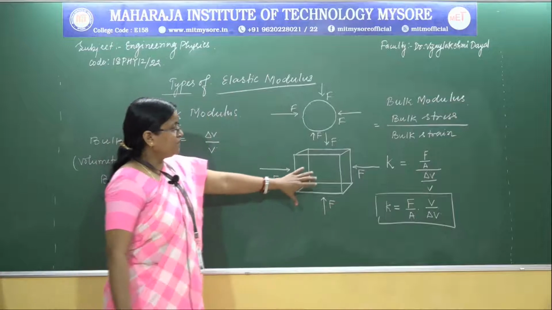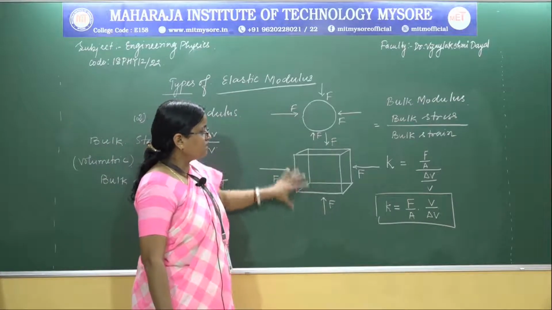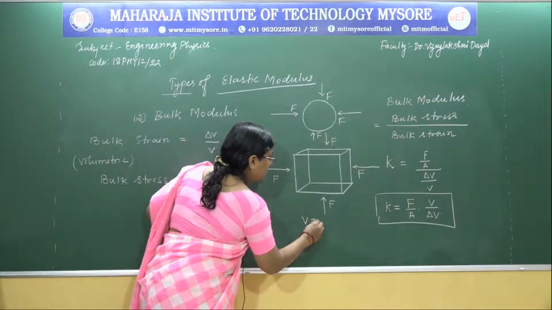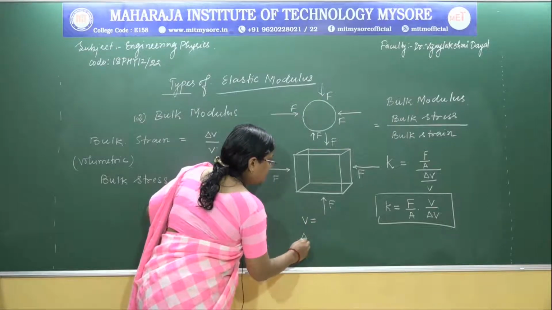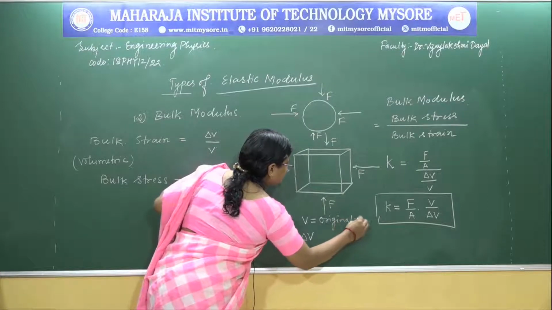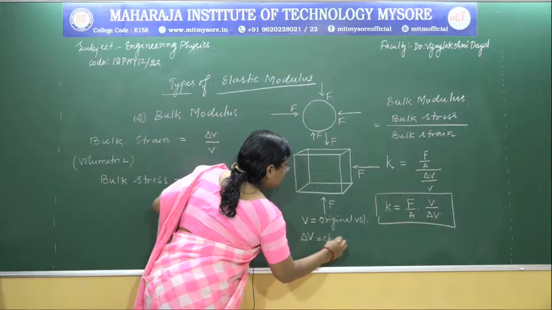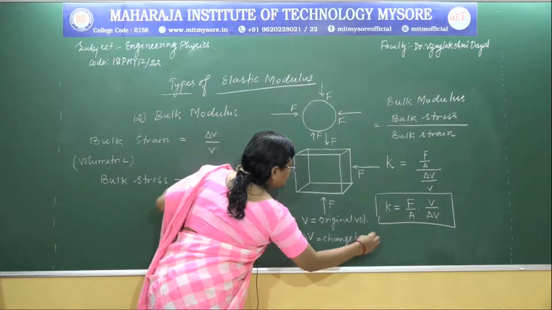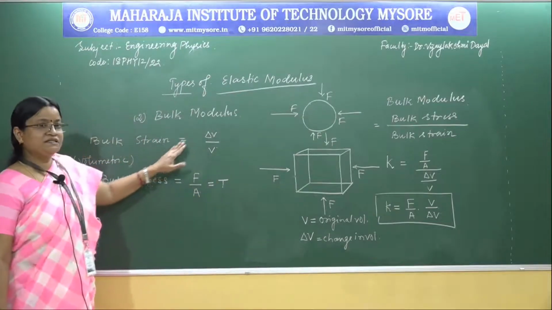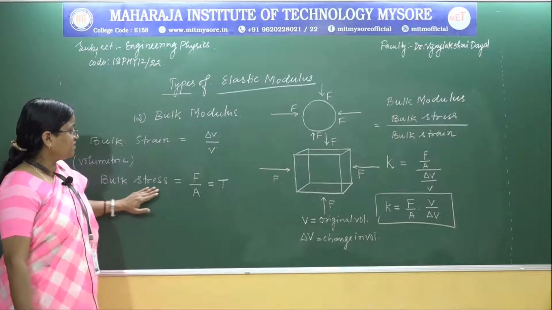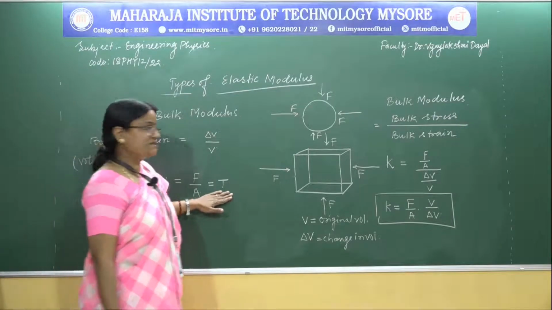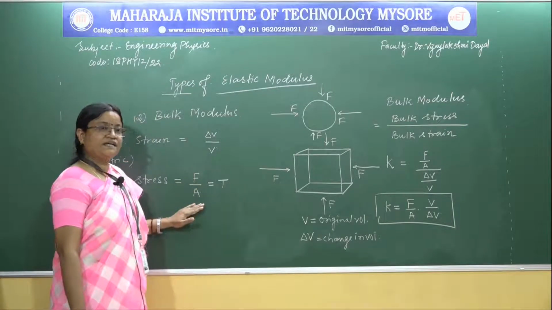Once again, if we apply the force from all directions normally and equally, if V is the original volume and delta V is the change in the volume, then strain can be written as delta V by V. Bulk stress can be written as force per unit area, that is equal to tension, which is nothing but force per unit area.